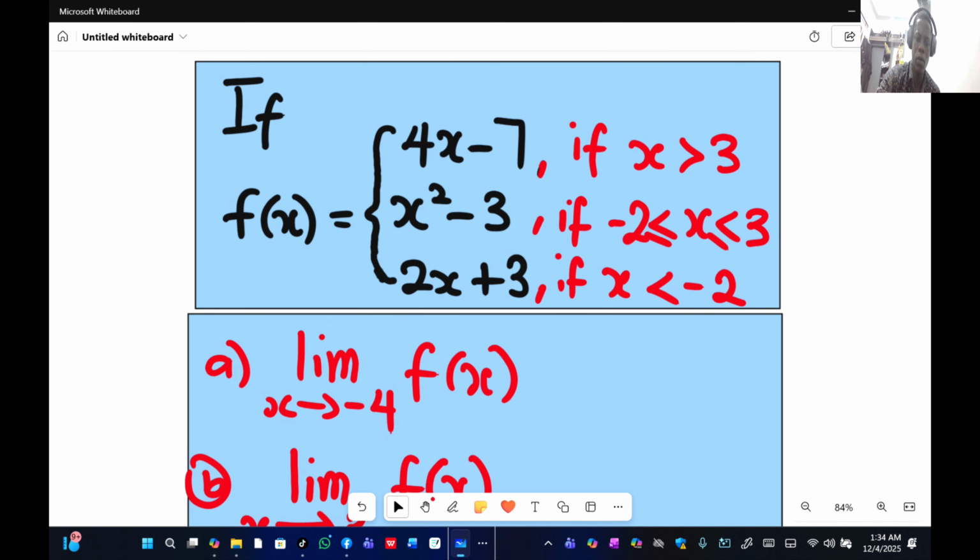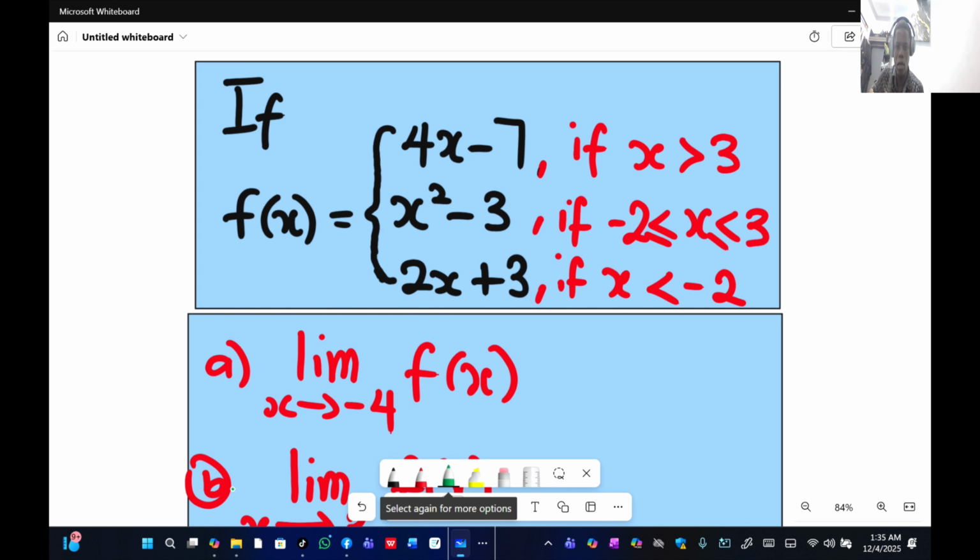The moment you identify the limit, you identify the input we are to use to evaluate the function: the value that the input approaches is negative 4. So we have to look at the range of x values in which negative 4 can be found.